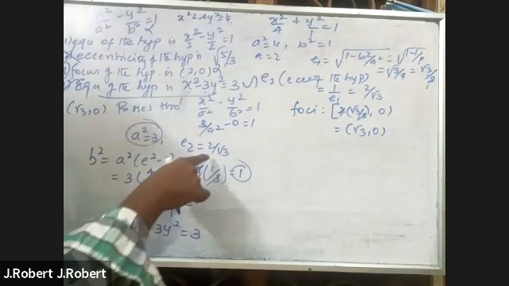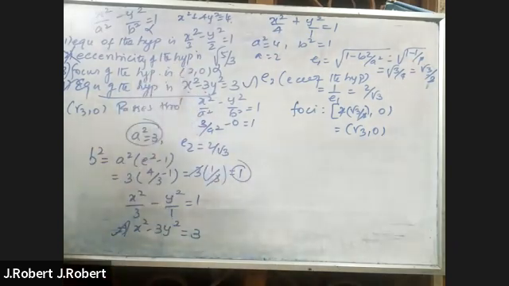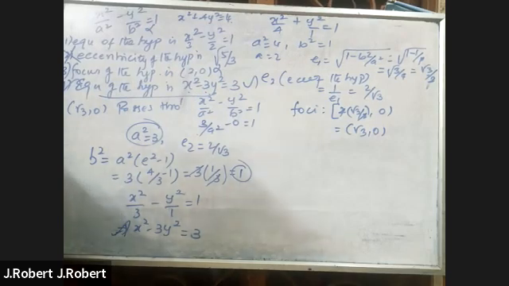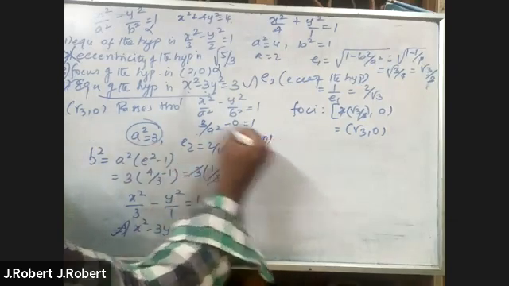Actually, foci is plus or minus 2, so we'll get plus or minus 2 comma 0. The equation of the hyperbola is x squared by 3 minus y squared by 1, so we'll get x squared minus 3y squared equals 3. But the right option is 4.